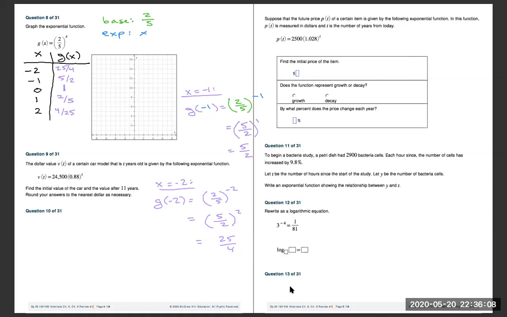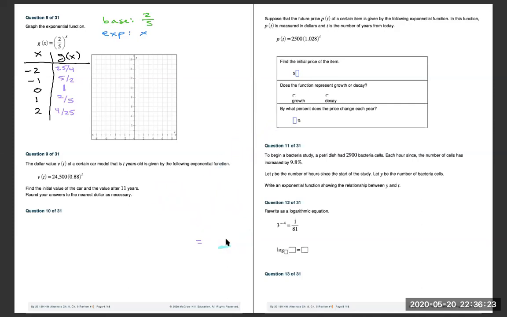Now, if Alex actually allows you to plug in points, you can plug in these points as long as it allows you to do it with fractions. But in case not, you can use a calculator for this part just to make it a little bit faster.